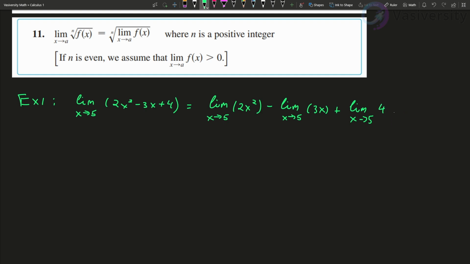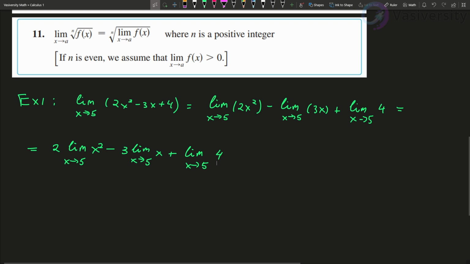Okay, so by law 2 and 1, now we're going to be applying law 3. We're going to have the limit as x approaches 5 of x squared, minus 3 times the limit as x approaches 5 of x, and then plus the limit as x approaches 5 of 4. Now, after applying the third law, we're going to be applying laws 9, 8, 7.